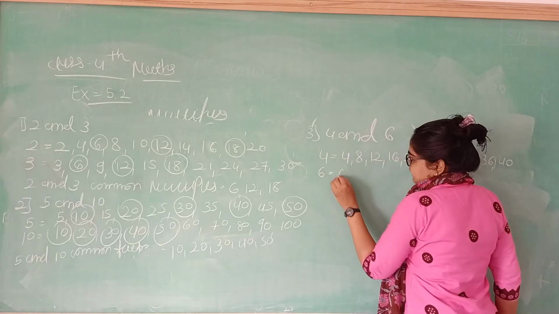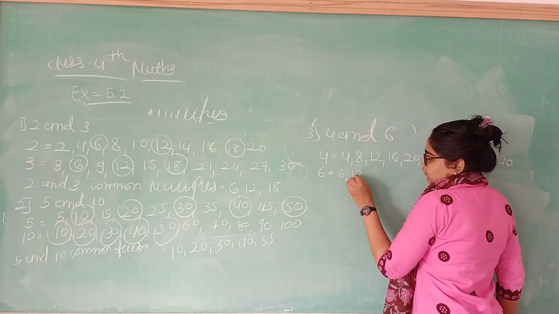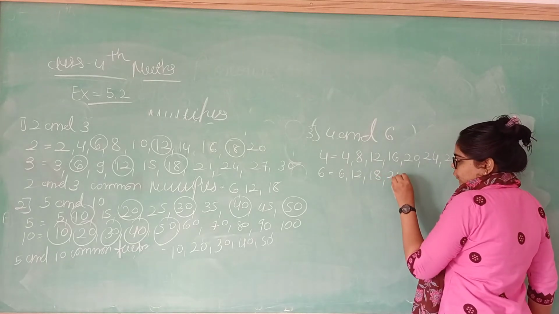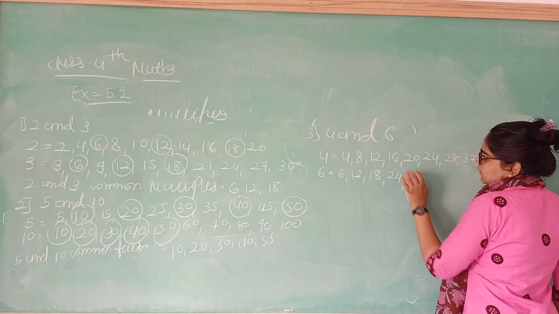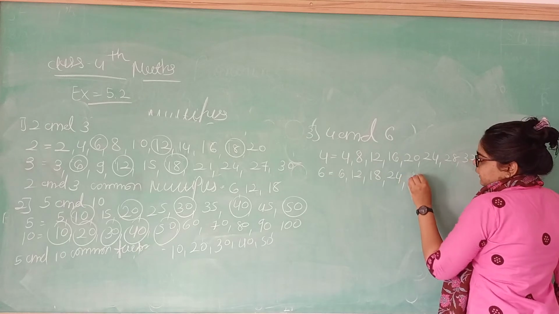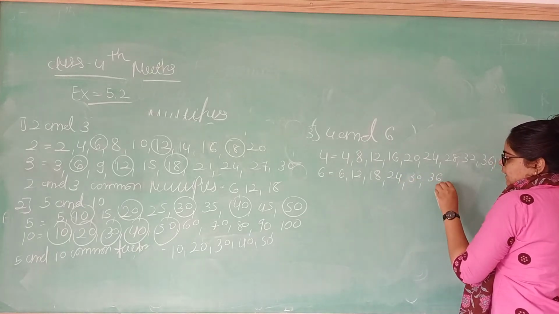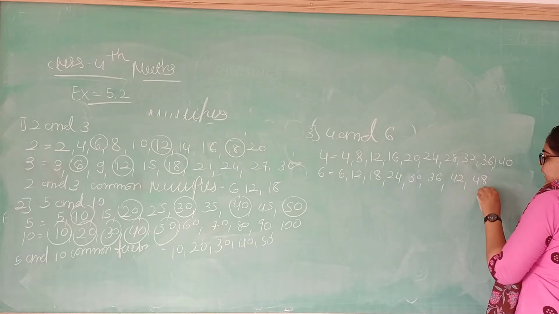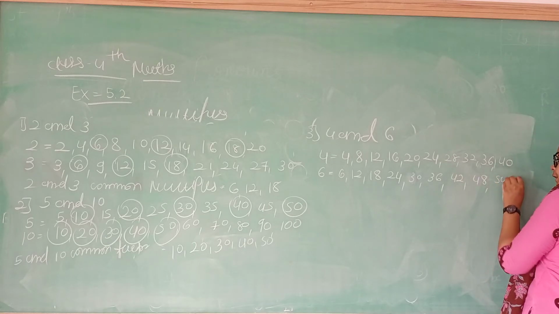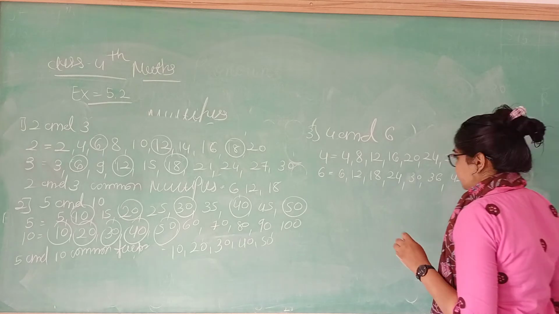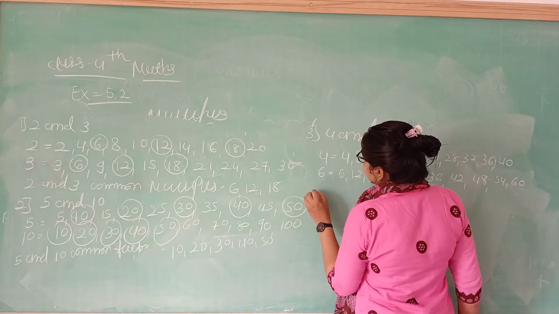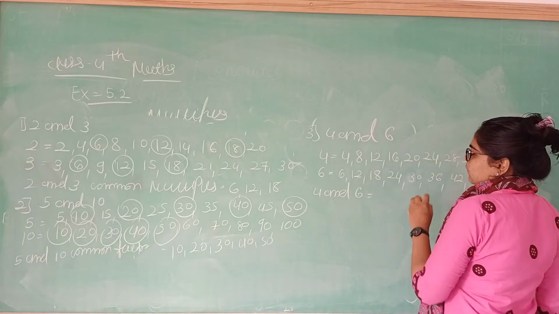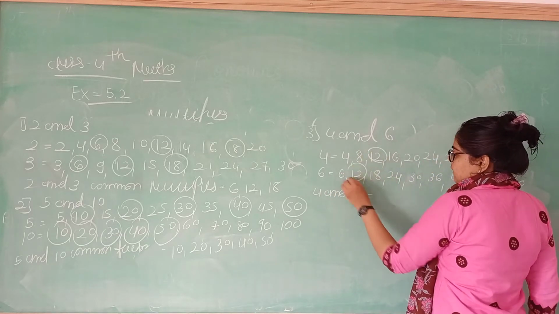Same way 6: 6 ones are 6, 6 twos are 12, 6 threes are 18, 6 fours are 24, 6 fives are 30, 6 sixes are 36, 6 sevens are 42, 6 eights are 48, 6 nines are 54, and 6 tens are 60. So the common multiples of 4 and 6 start with 12.